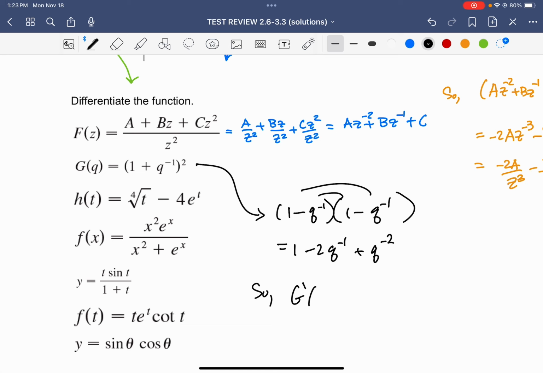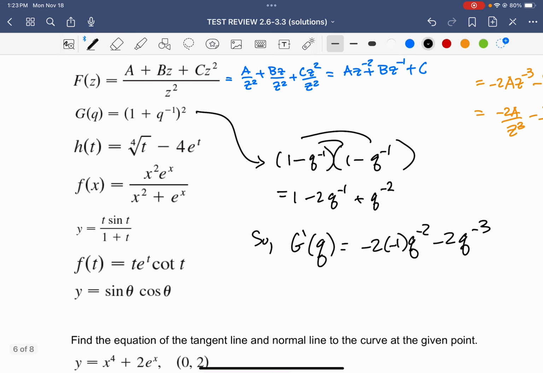So that derivative is going to be negative 2, negative 1, q to the negative second, minus 2q to the negative third. So that's 2 over q squared minus 2 over q cubed. Say that 5 times fast.